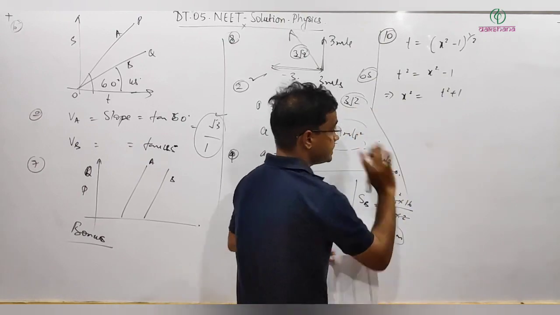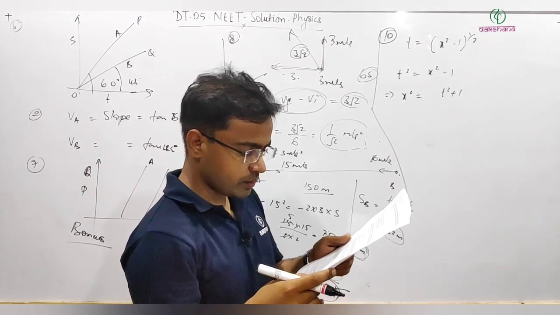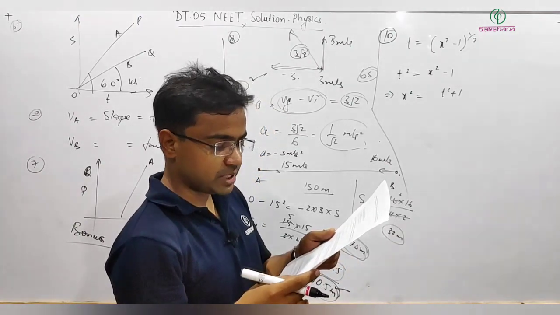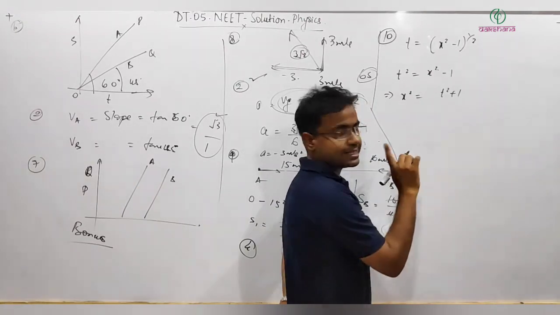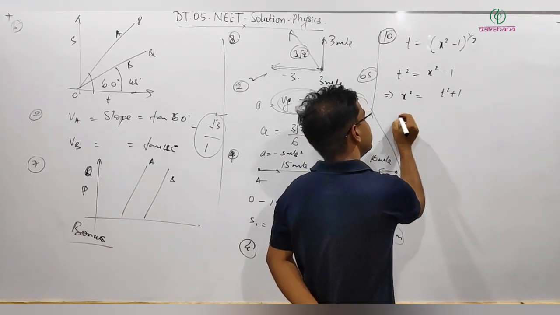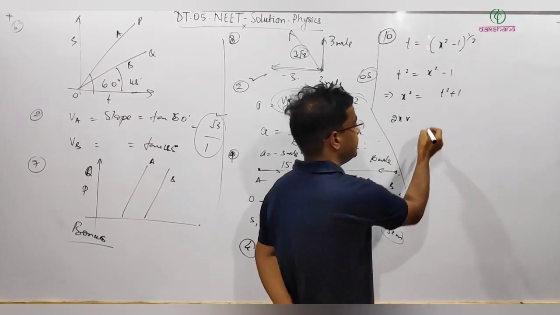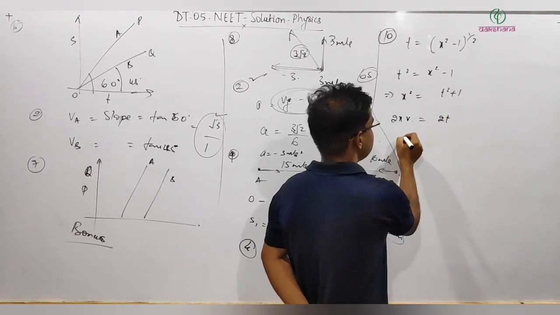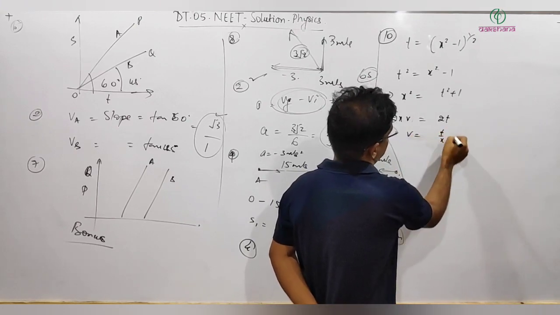Okay, so this is all given. Now we need to find its acceleration in meter per second square at time t second. So first differentiating, we get 2x times velocity, dx by dt, equal to 2t, so this implies x times v is equal to what? t, so v is t by x.